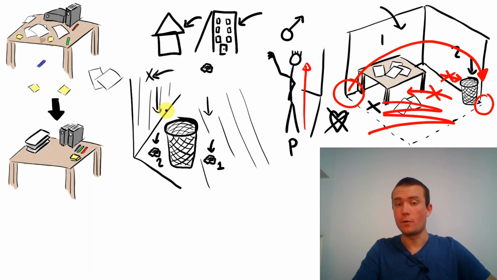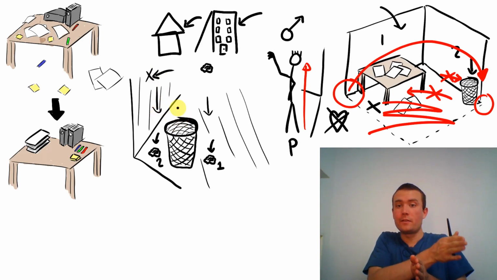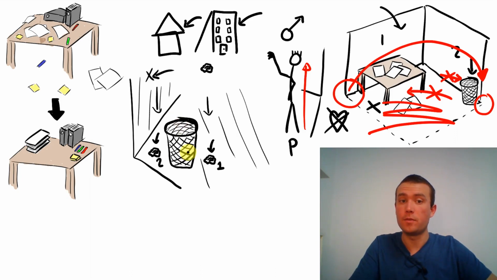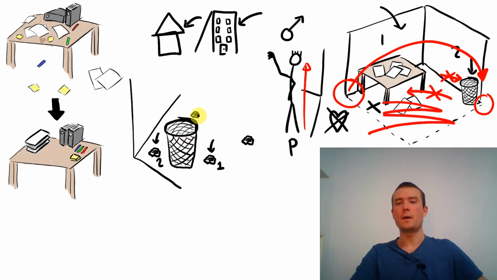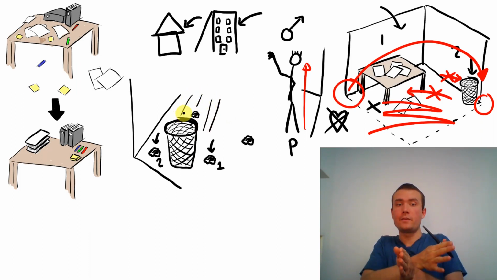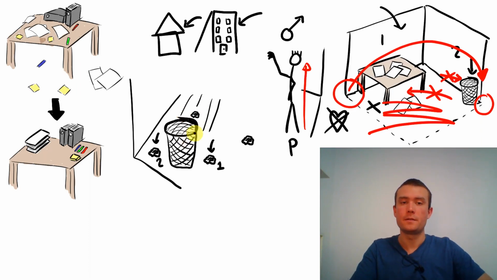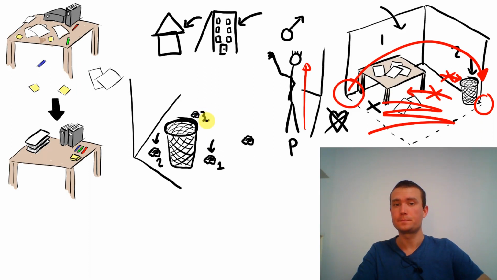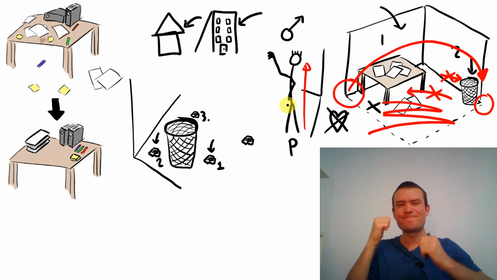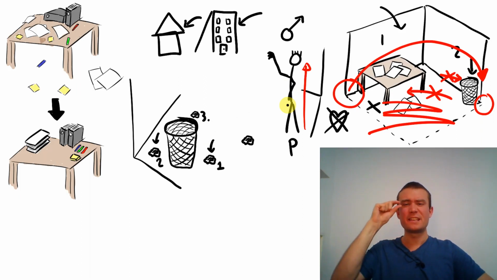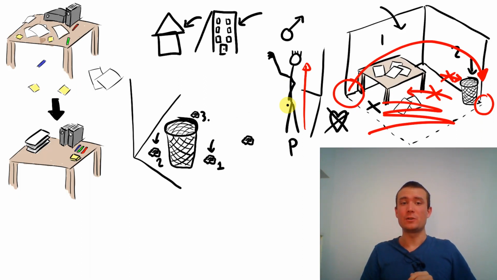It falls down to the ground on the right of the bin. Here's the piece of paper on the floor, on the right of the bin. That was the third piece of paper. Philip is a bit annoyed. He's a bit annoyed because none of the pieces of paper have gone into the bin.